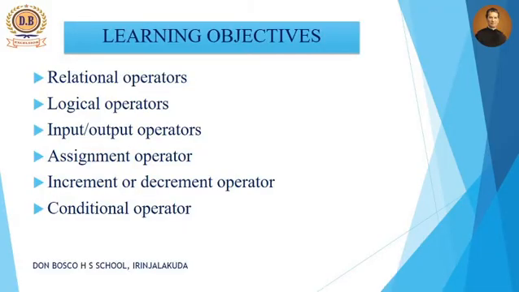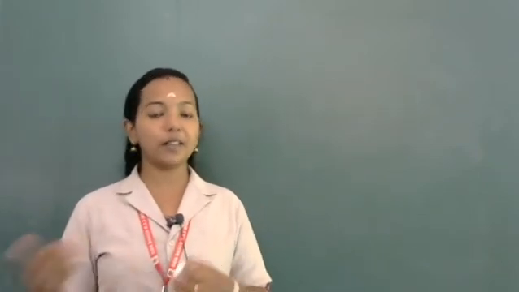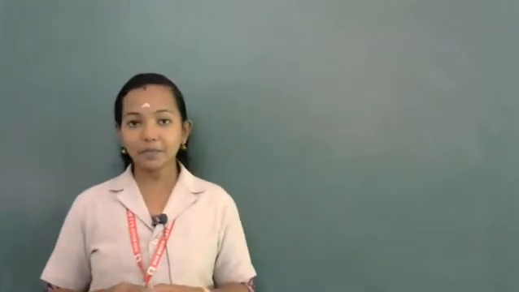From this video onwards we are going to discuss other types of operators like relational operator, logical operator, then input or output operator, then assignment operator, increment decrement operator, and one more operator, that is the conditional operator. That means the remaining set of operators we will discuss along with examples. We already completed arithmetic and modulus operators.